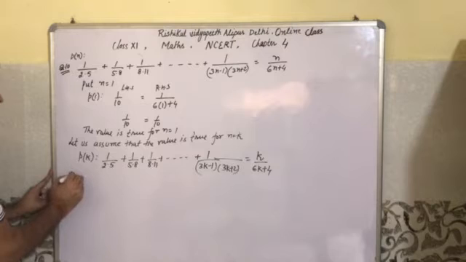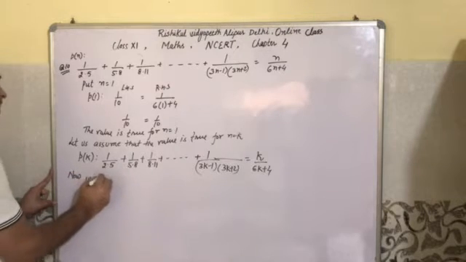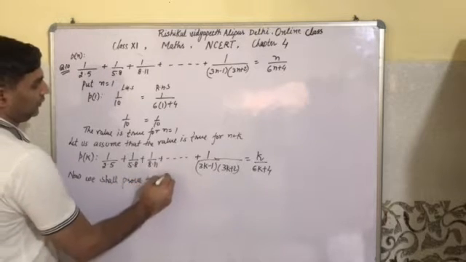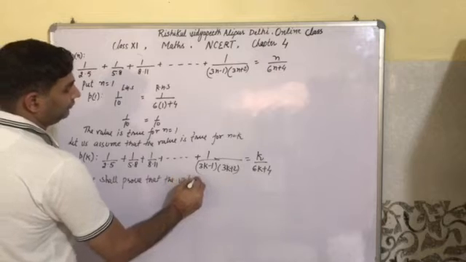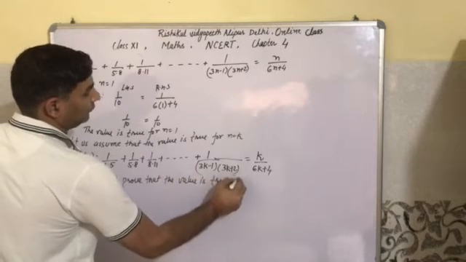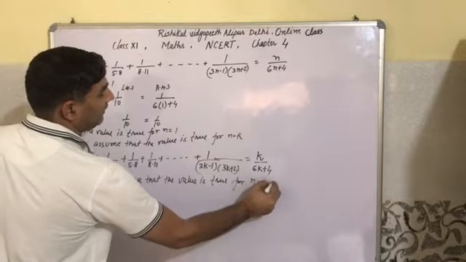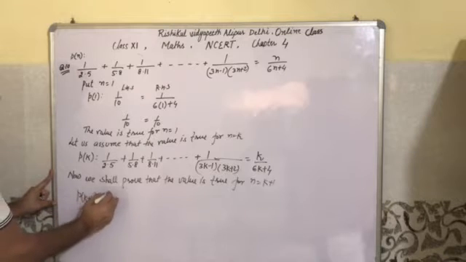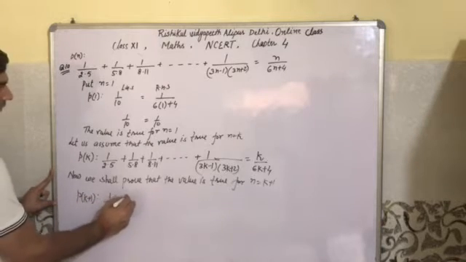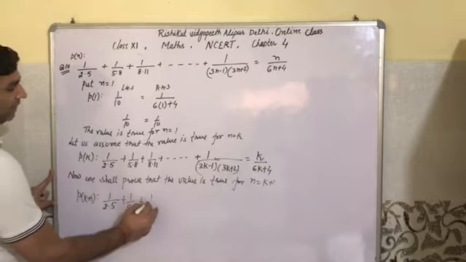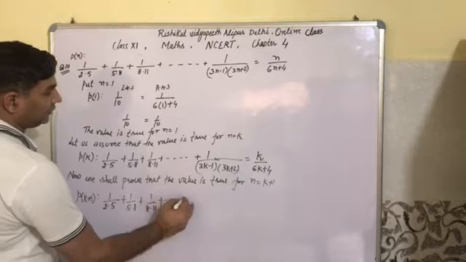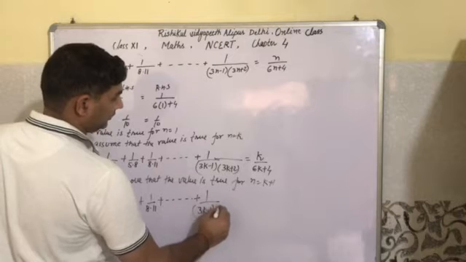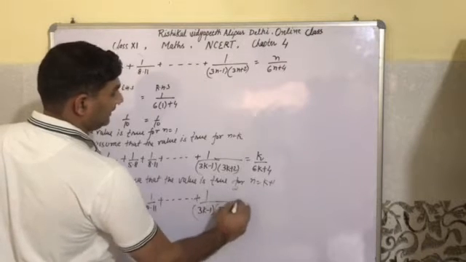And we shall prove that the statement is true for n equal to k+1. Then P(k+1): 1/(2·5) + 1/(5·8) + 1/(8·11) and so on up to 1/((3k−1)(3k+2)) and then the next term.